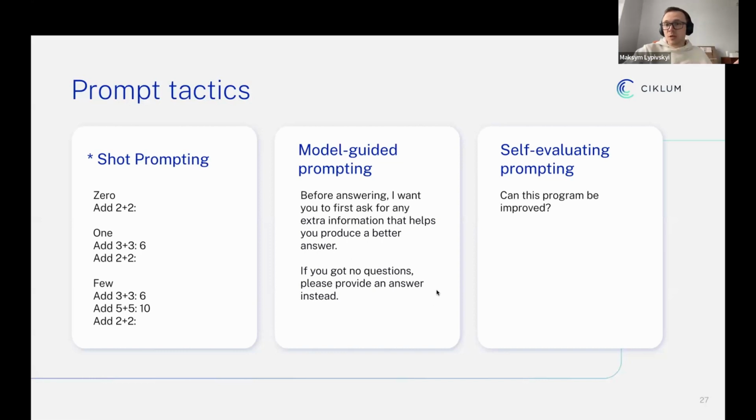And self-evaluation prompting basically helps to improve the end result that we are getting from the model. The model is doing self-criticism on that, and it basically helps to improve the end result.